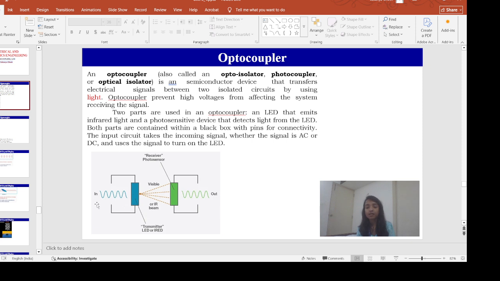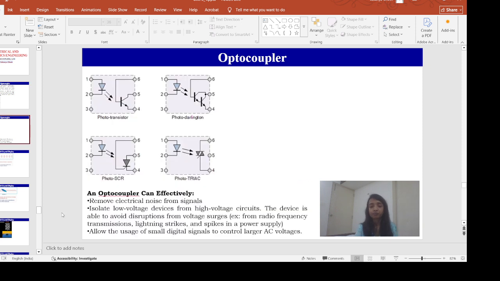This input electrical signal can be AC or DC type, which will be used to turn on the LED. The LED will emit the infrared light, which will give the required base supply to the phototransistor at the receiver side, and the phototransistor will convert that light energy back to electrical energy.